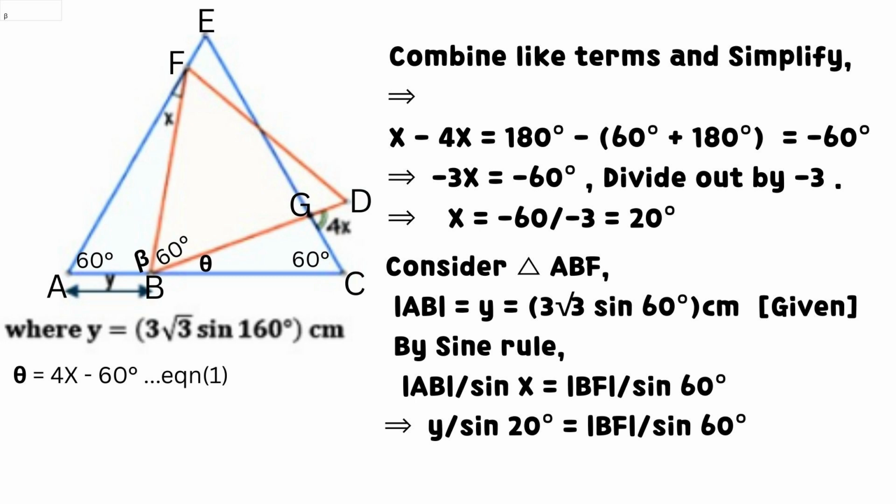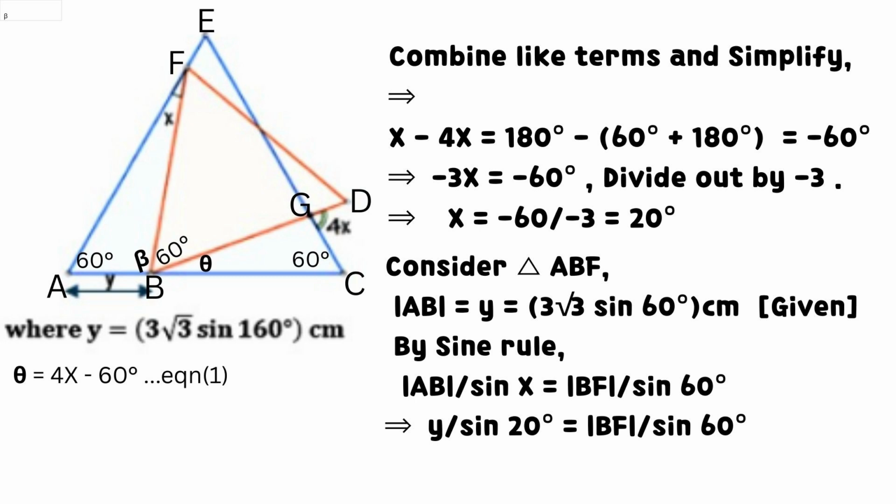Consider triangle ABF. Line AB equals y, which equals 3 times the product of the square root of 3 and sine 60 degrees, in centimeters. This value is given in the question. By the sine rule, AB divided by sine x equals BF divided by sine 60 degrees.